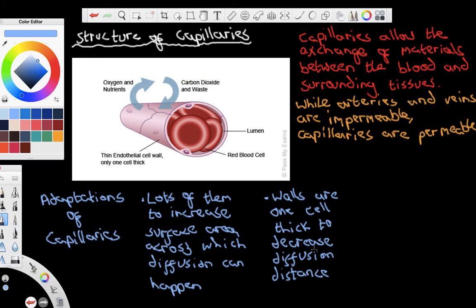And finally, they only allow a few blood cells through at a time to allow every cell to do some diffusion.